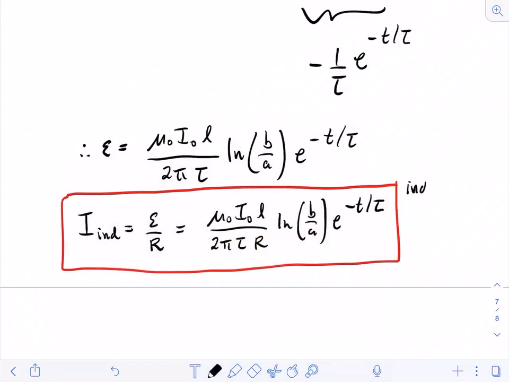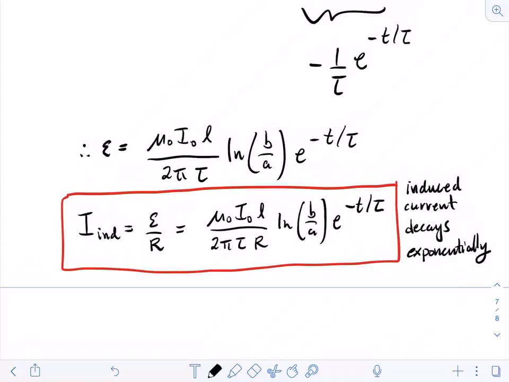Our induced current decays exponentially. And that occurs just because we assume the magnetic field had an exponential decay, and the induced EMF is a derivative of the magnetic flux. If B is exponentially decaying, we take that derivative of the exponential and we get that exponential back again.